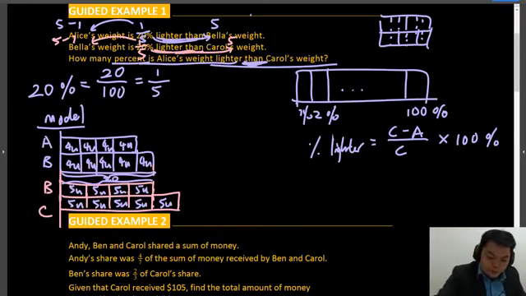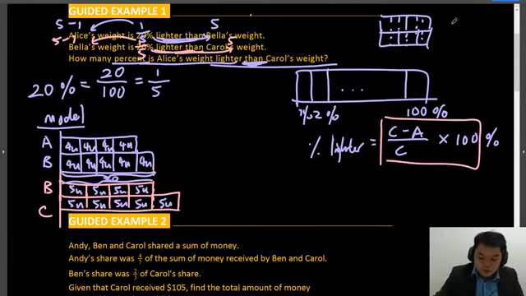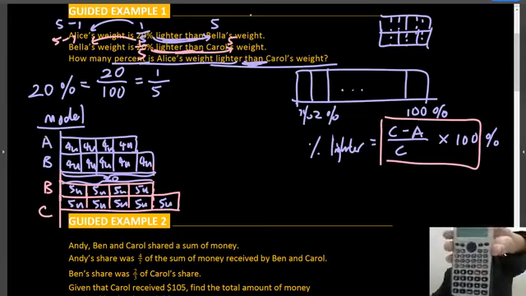Okay, one very important thing to note in your calculation is that if you are to type out all the numbers, do not include the percentage sign. The reason for this is because when you key in this percentage sign, okay, let me just show it to you first.